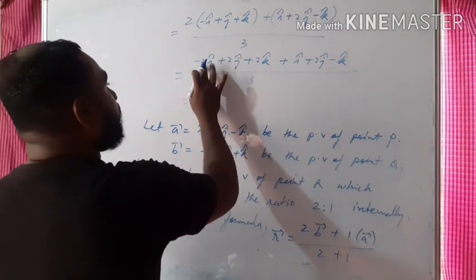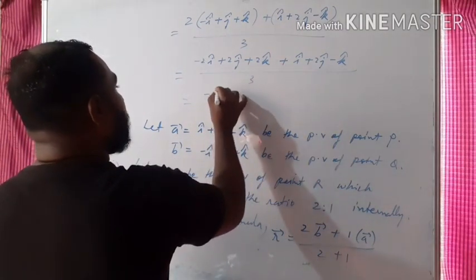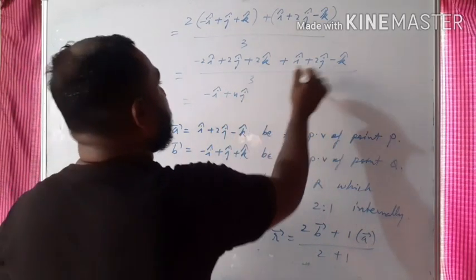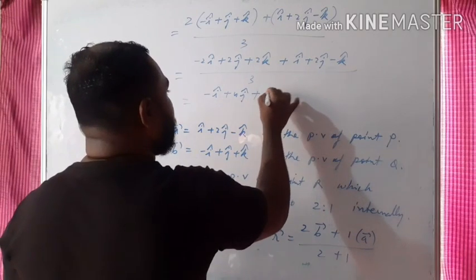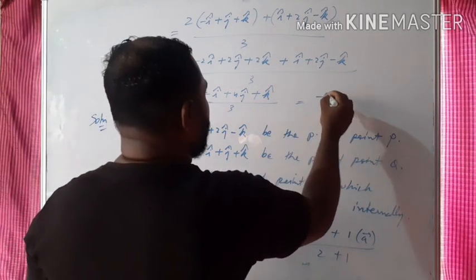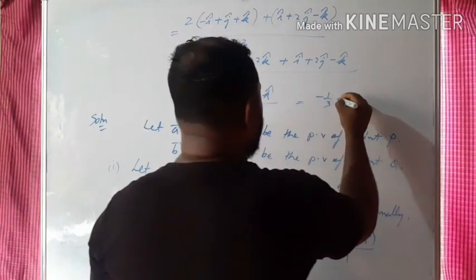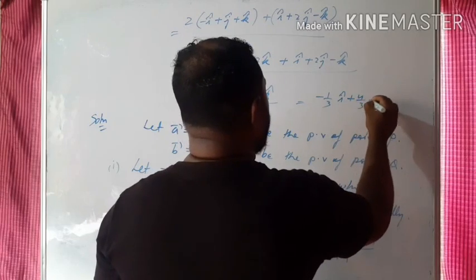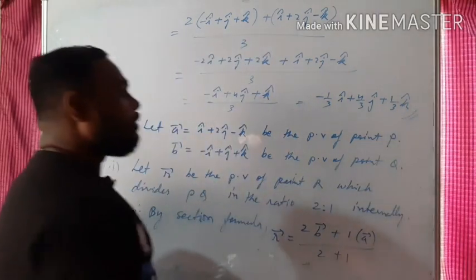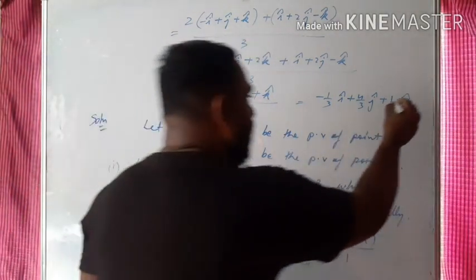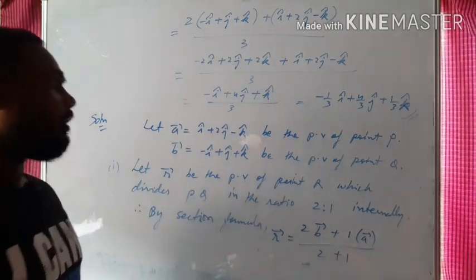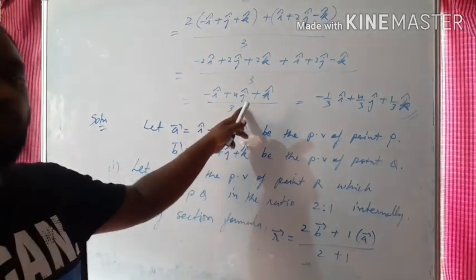Minus 2i plus i will be minus i, 2j plus 2j is 4j, 2k and minus k will be plus k, divided by 3. So this will give you the vector minus 1 by 3 i, 4 by 3 j, and 1 by 3 k. So this is the position vector of the point R which divides PQ in the ratio 2:1 internally. Okay, you can leave it like this also.